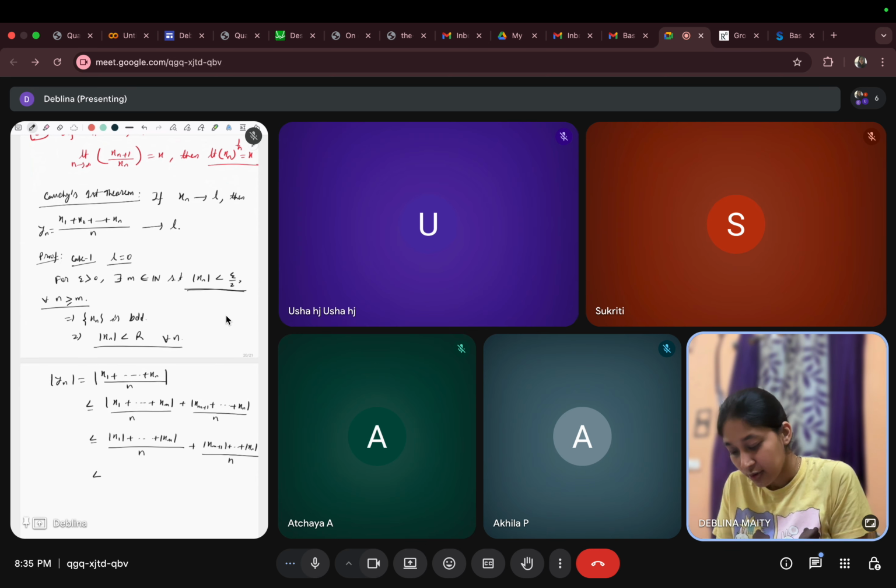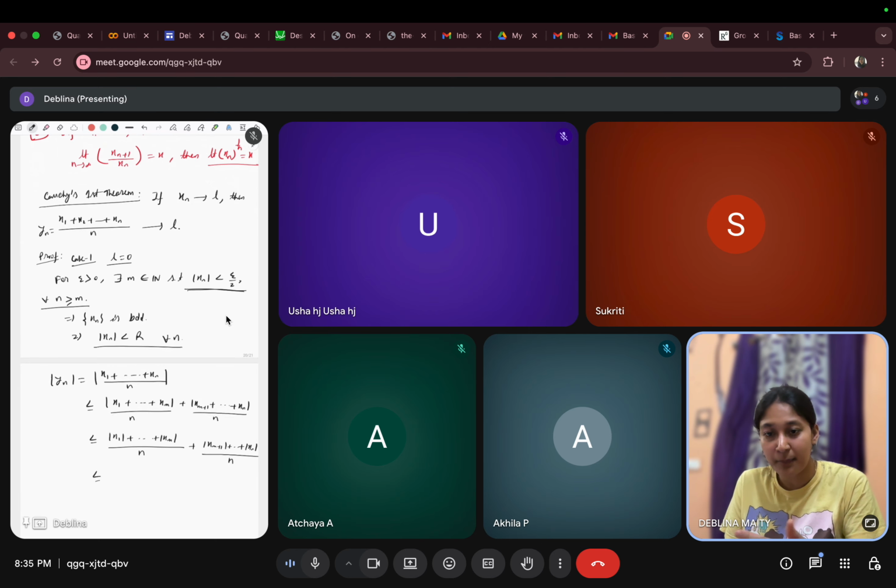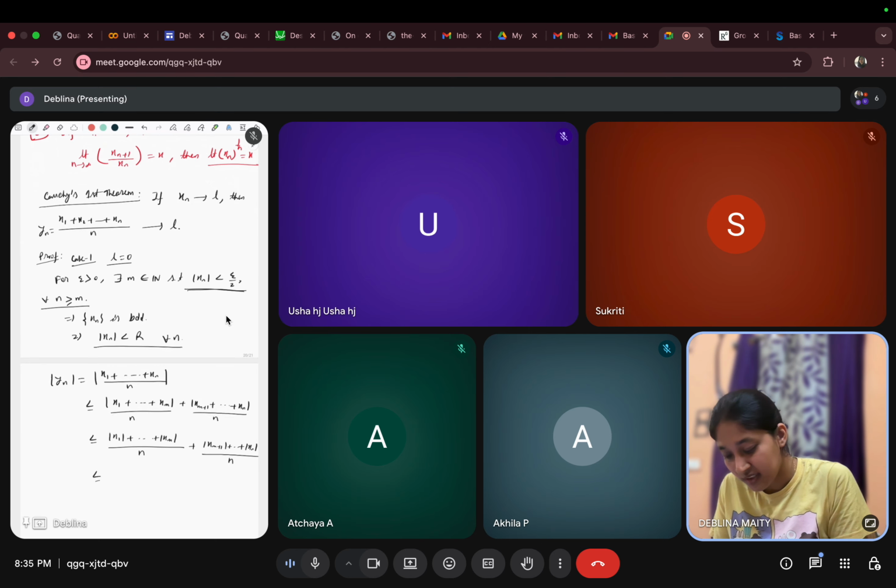Up to m this is less than r, so r by n, there are m terms, so this is going to be m r by n.